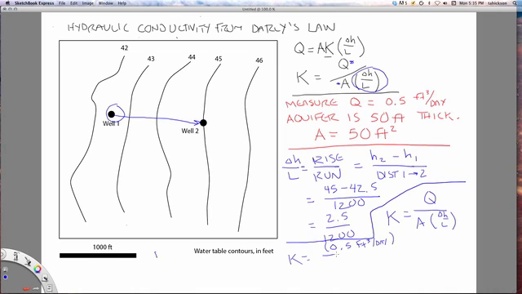That's your Q. A is going to be 50 feet. And delta H over L is going to be 2.5 divided by 1200. So that's basically the equation that we're trying to solve.